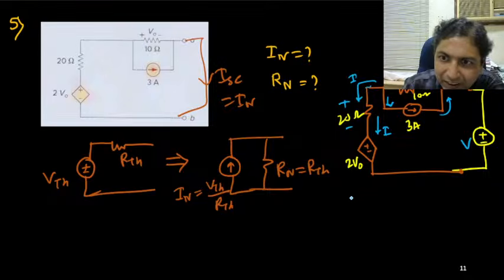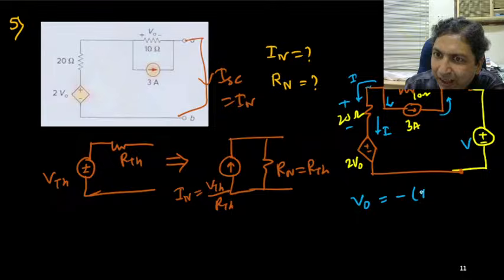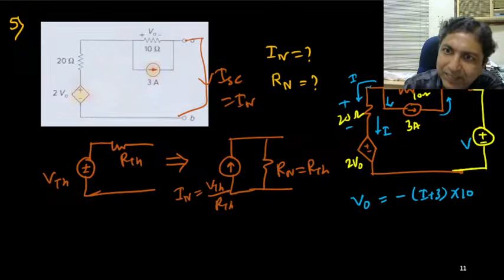So first express V naught as minus I plus 3 times 10, then try to apply KVL. That's simple.